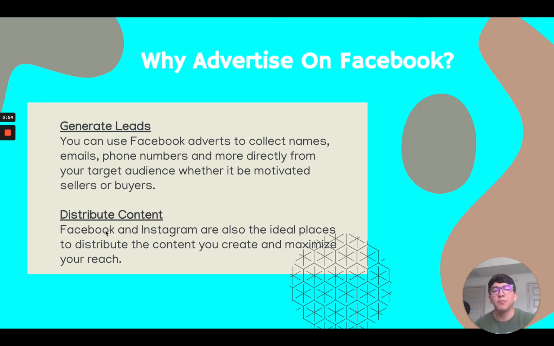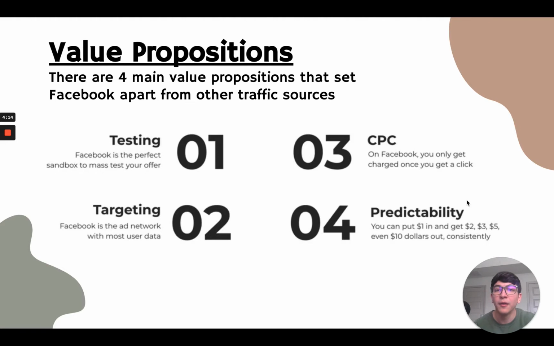So that means that if you post an ad on Facebook, it also gets posted on Instagram automatically, since it's the same ecosystem. So that's just another plus, that you don't have to go around posting in different places. You post on Facebook, it's also on the other biggest social media platform out there, being Instagram.